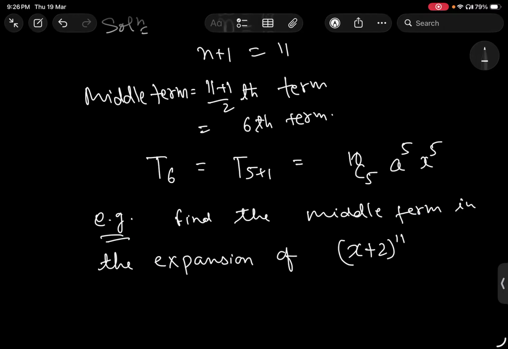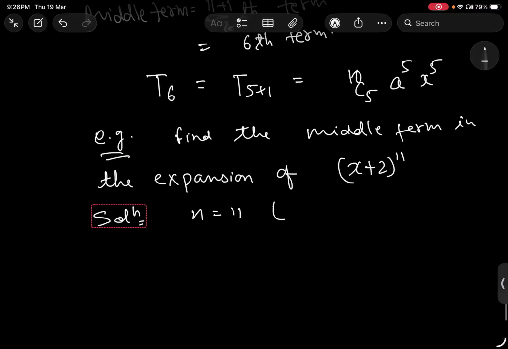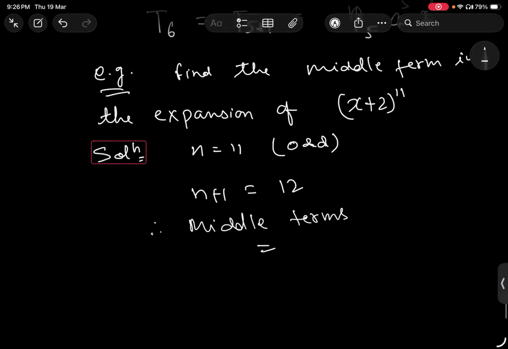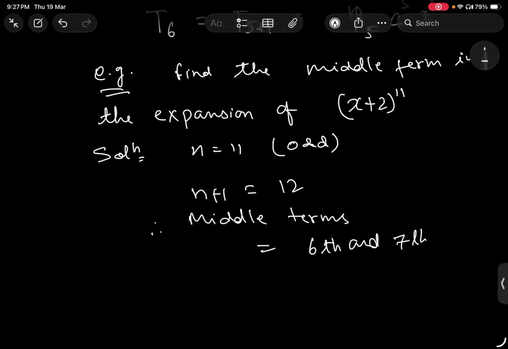So n is odd over here. n equals 11 is odd. So n + 1 equals 12. Therefore, there will be two middle terms. 12 over 2, that is the 6th and 7th. Both the terms will be the middle terms.